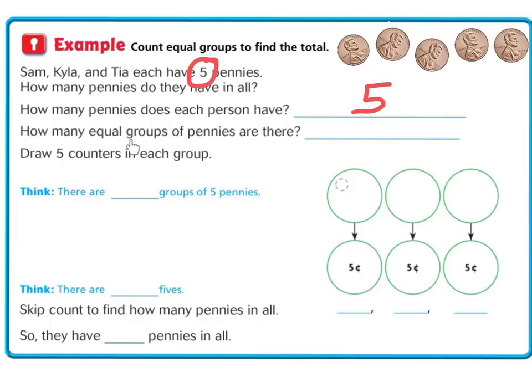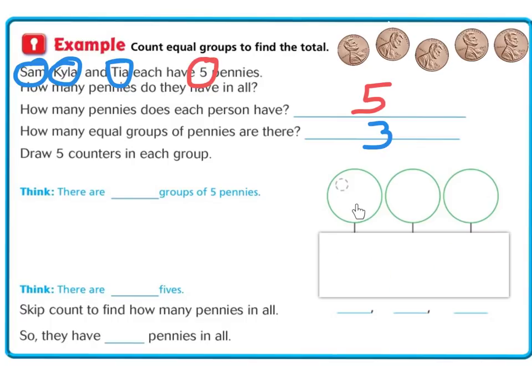How many equal groups of pennies are there? I do not see a number in the problem, but I do see that there are 1, 2, 3 people. These 3 people have the same number of pennies, so they are my 3 groups.